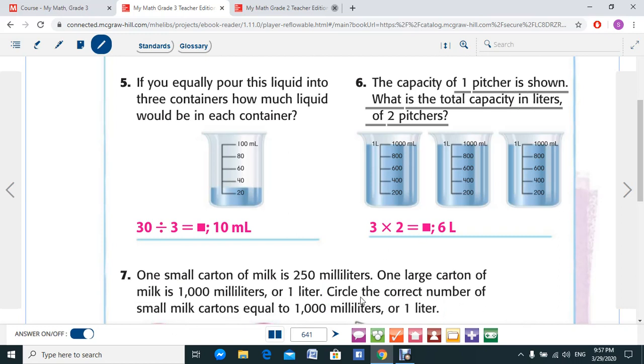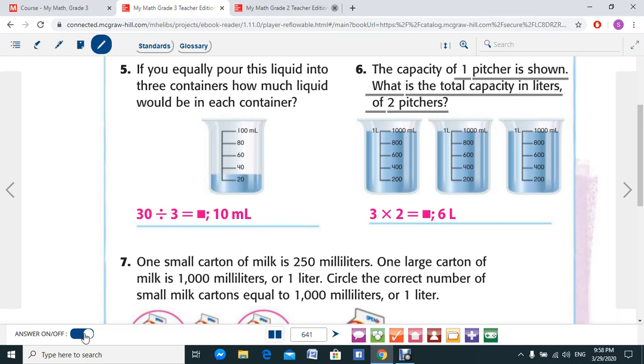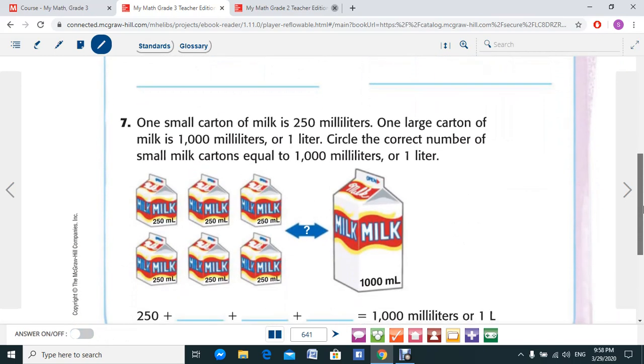So they want us to know how many small cartons, when you add them, will equal 1000 milliliters. So 250, how many times will you repeat it and add it to reach 1000?